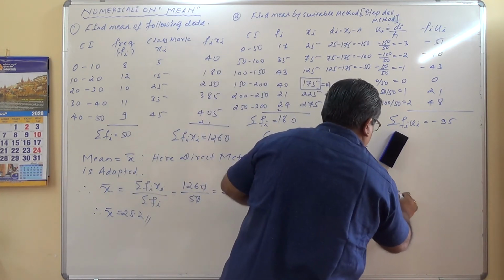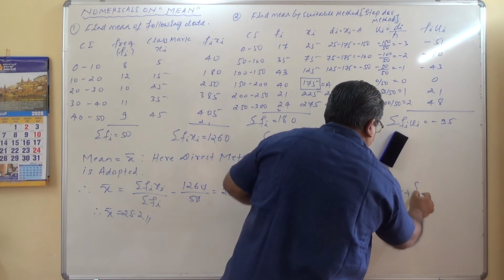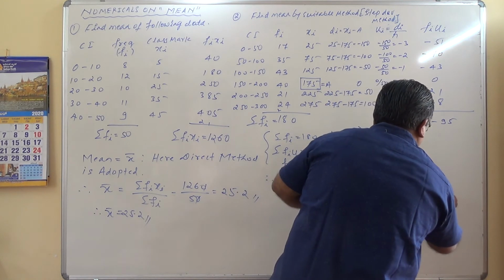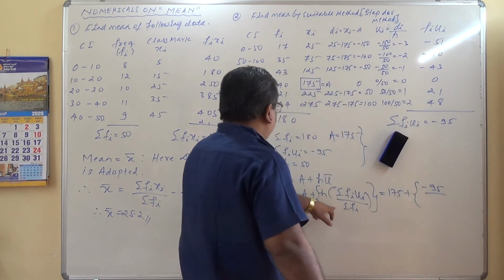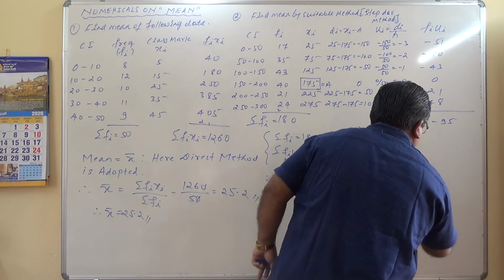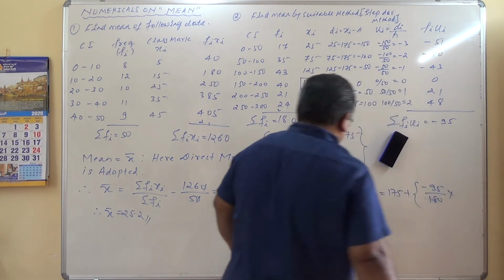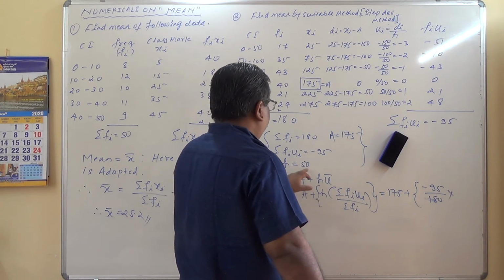175 plus, into bracket, sigma fi ui divided by sigma fi, minus 95 divided by 180, and into h, which is 50.